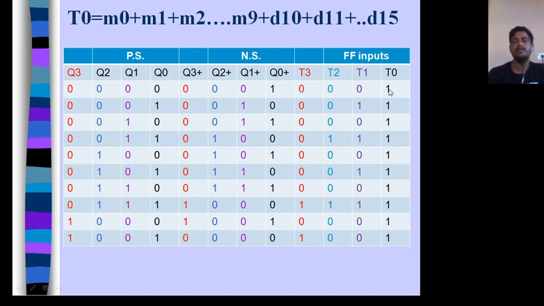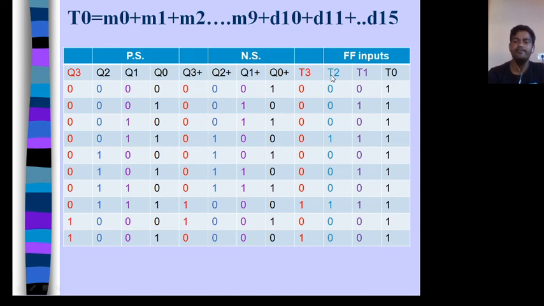Similarly, what will be T1? T1 will be M1 plus M3 plus M5 plus M7, plus sigma D 10, 11, 12, 13, 14, 15. What will be T2?